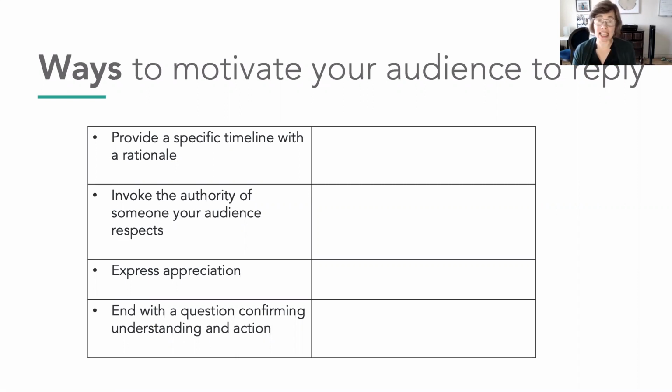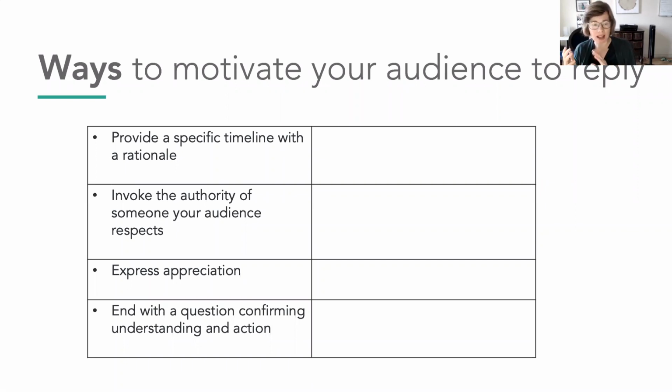Sometimes you need to say, until I get this from you, I can't go any further. Sometimes you need to say that. You need to make it really clear why, rather than just saying, give it to me by Tuesday. That's pretty hard to say, particularly if you are writing upwards. If you're writing to a manager, there's an art in giving a timeline without trying to boss the boss.